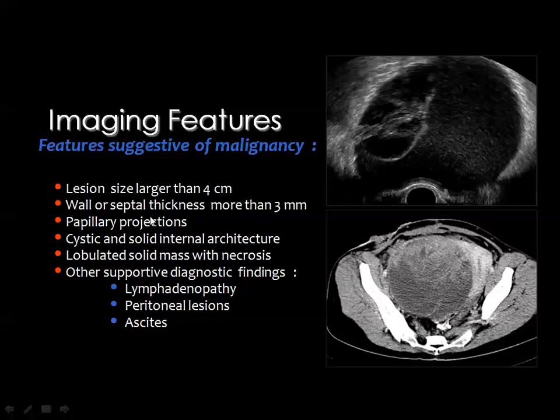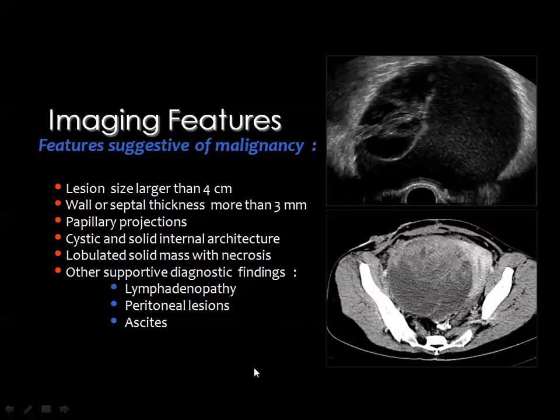Then you got wall or internal septation thickness, and this is also not an issue, but the most important finding is the presence of a solid component or papillary intracystic projections, and this will turn the benign lesion into a malignant one.